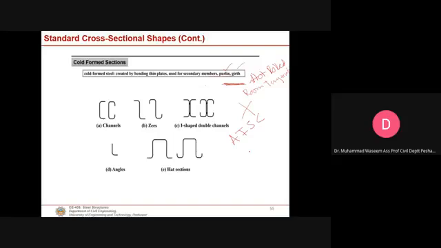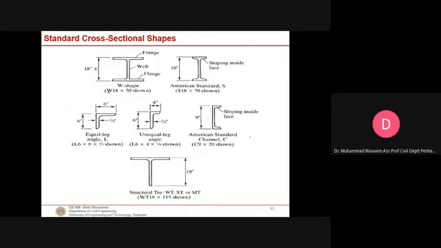AISC. And for cold roll design, there is another code, AISI. Do you know the abbreviation of that code? Anybody from the class? This is for hot roll. The specifications of the American Institute of Steel Construction. We have to go to the first slide.